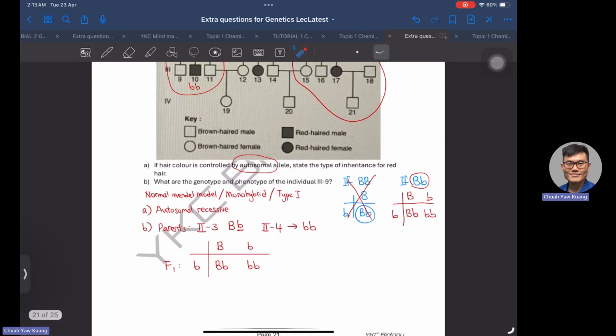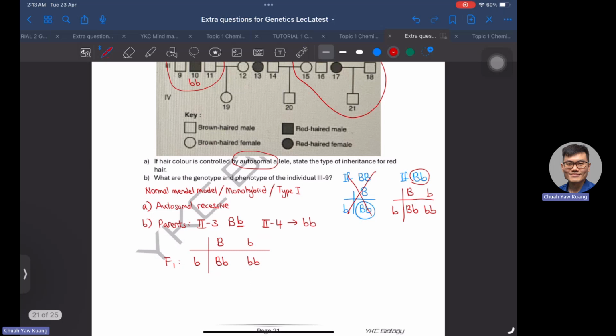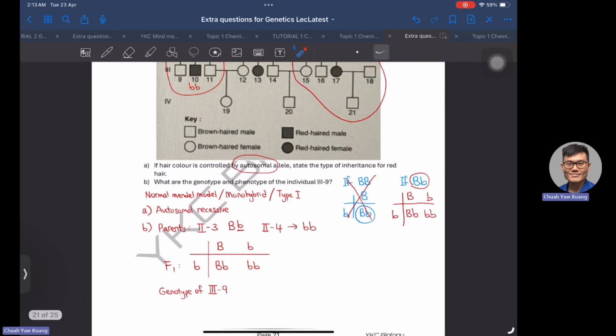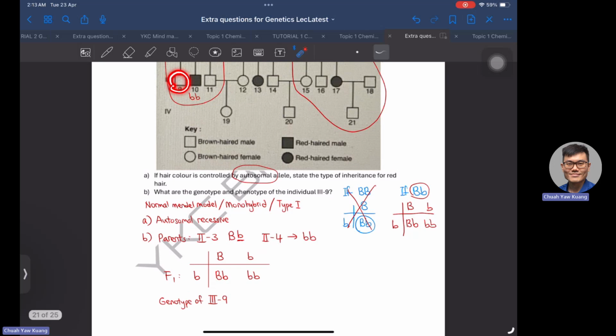With that, for individual 3-9, the genotype would be heterozygous. It cannot be this one because individual 3-9 has brown hair, so that means it must be this type of genotype.